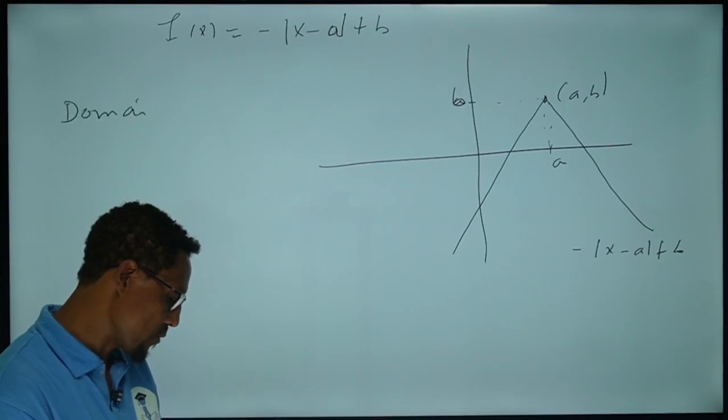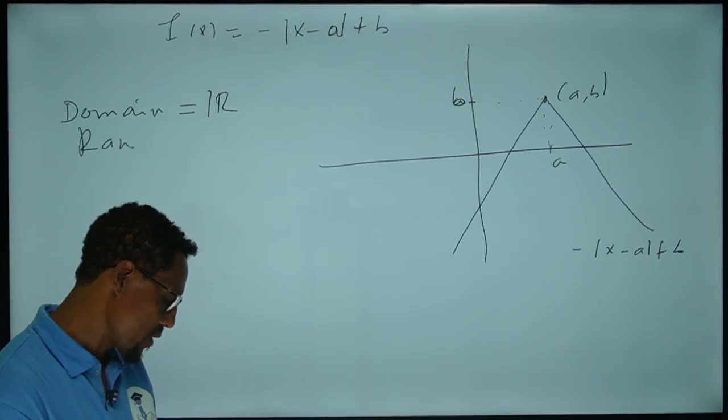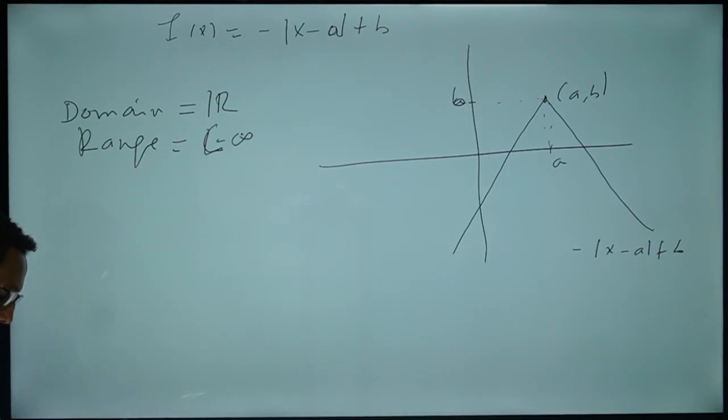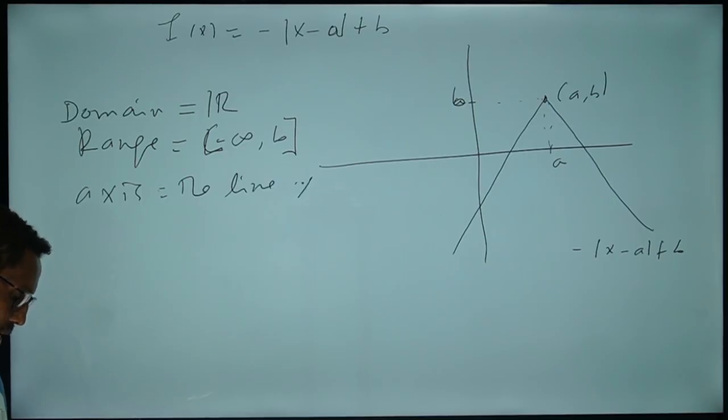The domain of every absolute value function is the set of all real numbers. What about the range? Less than or equal to b, from minus infinity up to b. Okay, the axis is the line x is equal to a.